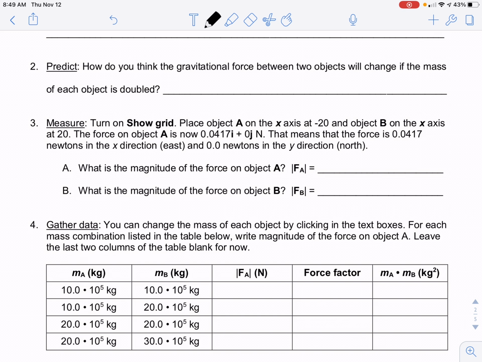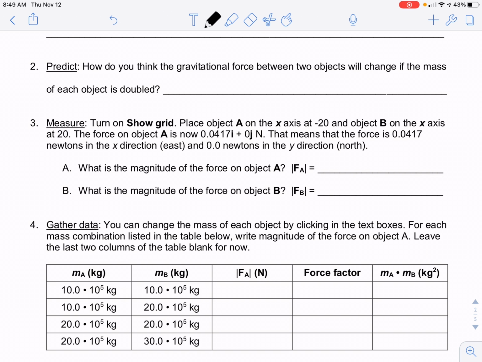The ij notation is simply a way of talking about which direction the vector is pointing. The force vector is pointing, in this case, in the x direction. i stands for the x direction, j stands for the y direction. The x direction in this case would be east. The y direction would be north.